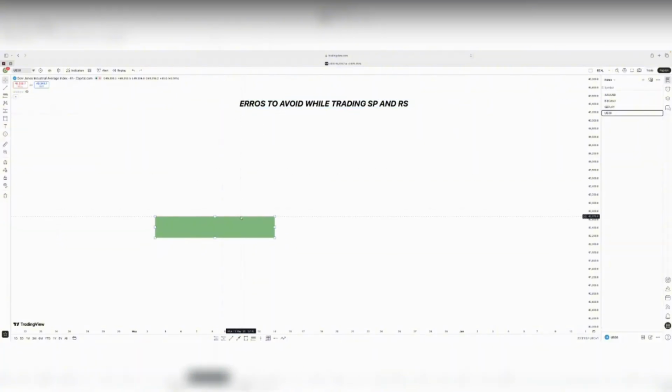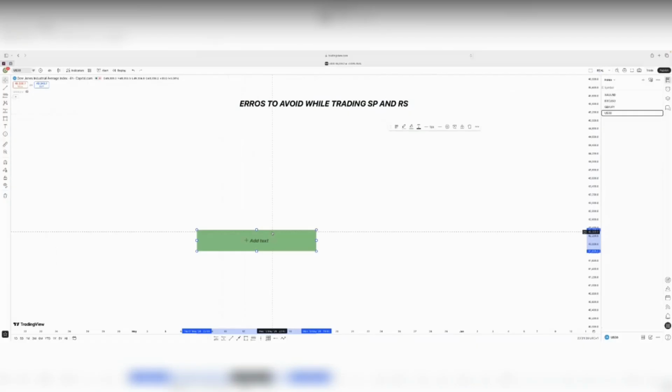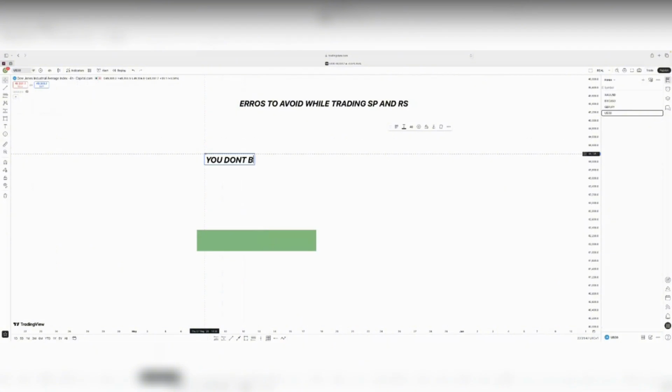You just don't buy because you have a support zone. You wait for what they call confirmation, meaning another signal that says this is going to be bullish, which we will discuss in our later class.